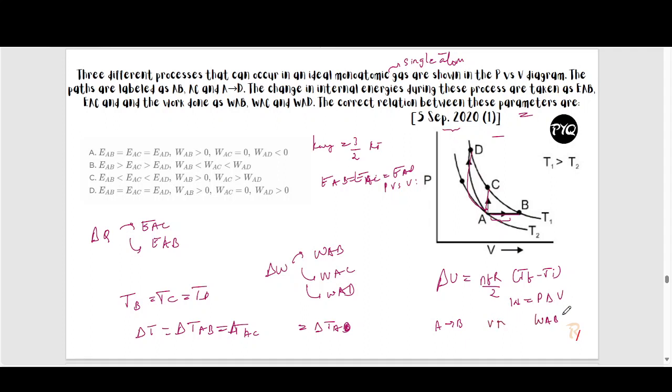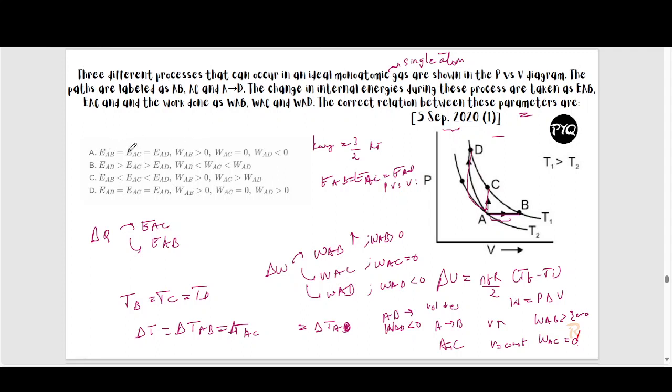Therefore WAB is greater than 0. From AC volume is constant, therefore WAC equals 0. From A to D volume decreases, therefore WAD is less than 0.